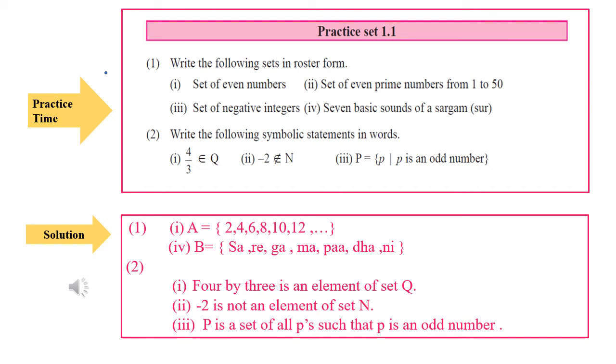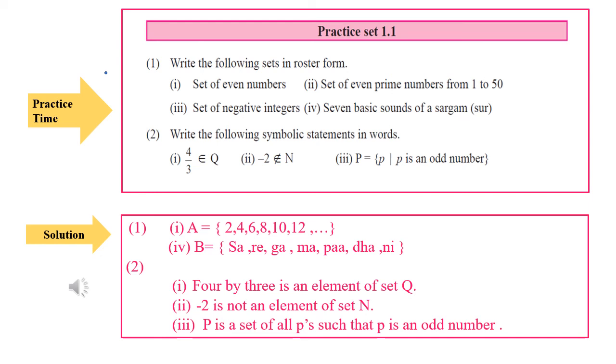Next. Again here one more thing. They have not named the set. So it's up to you. You take any alphabet which you want, but make sure you always name it with a capital alphabet. Next one, set of negative integers. So again here you will write -1, -2, -3 and then 3 dots, which indicate that negative numbers can be written till infinity.